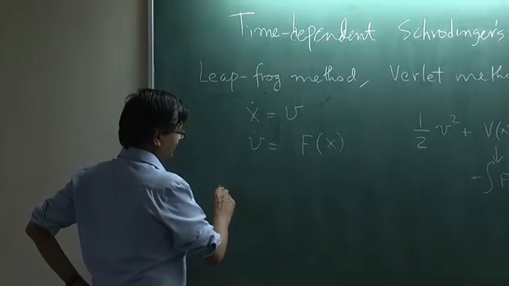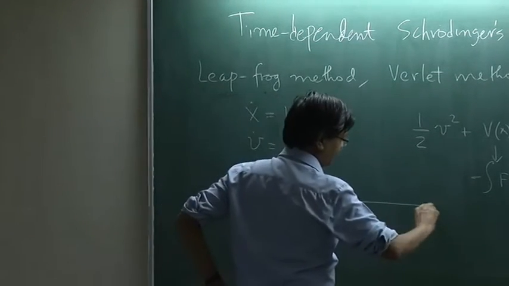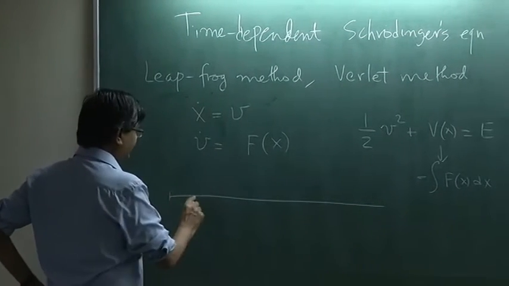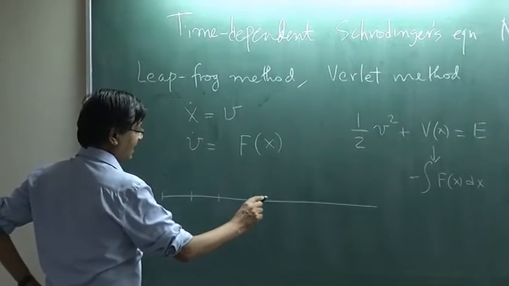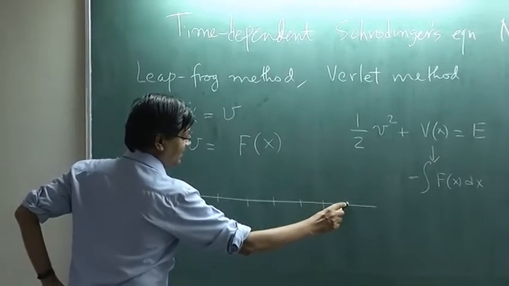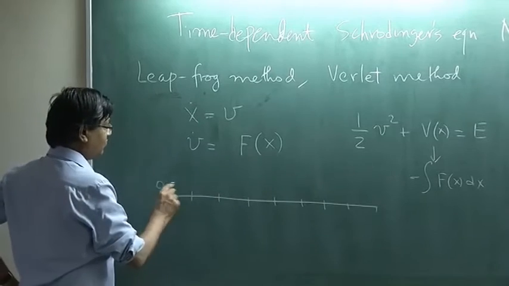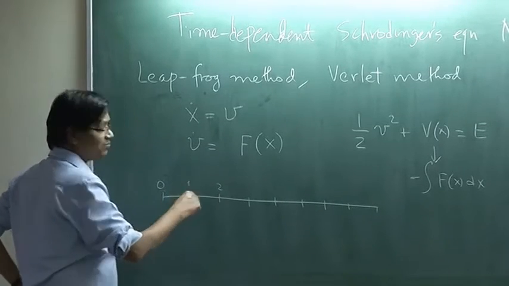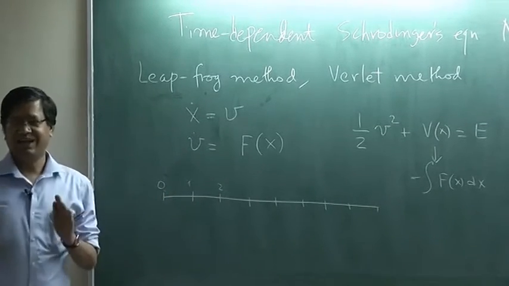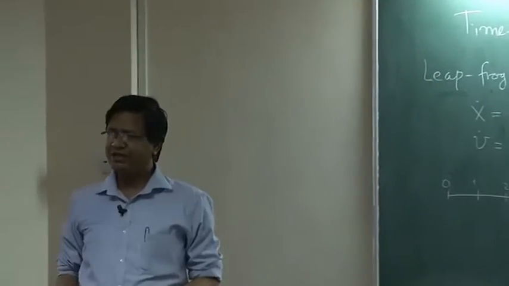The idea is, in fact, let me just draw this. You discretize space x at unit intervals, so 0, 1, 2, like this. So this is my x position. Now the grid is artificial, the grid is what I am making.